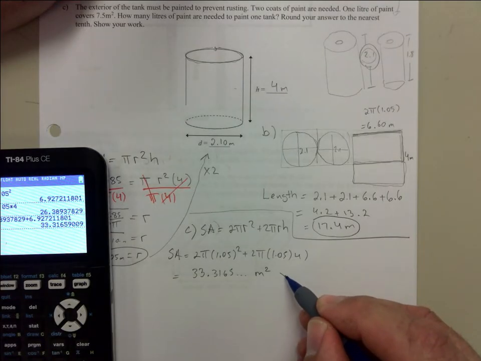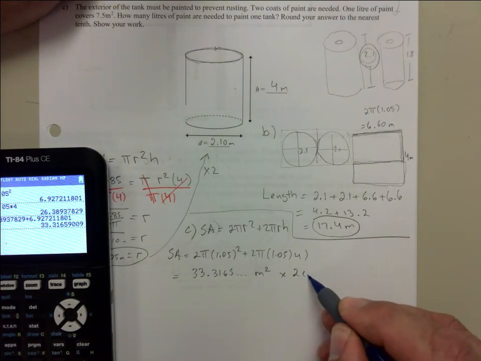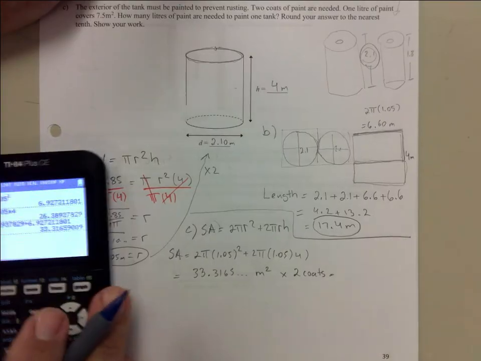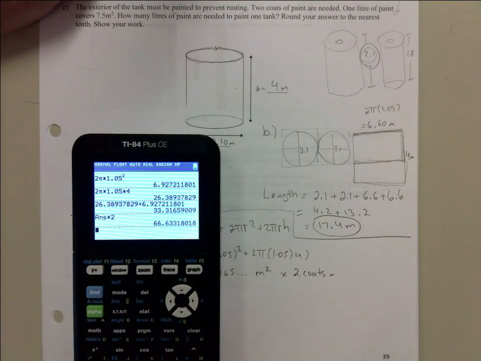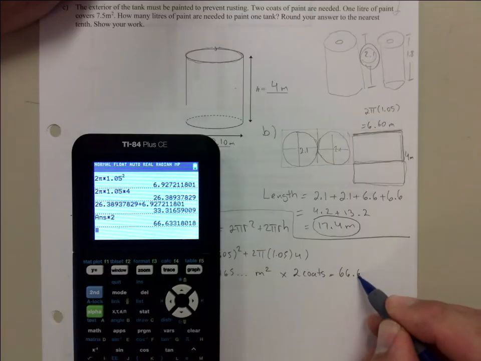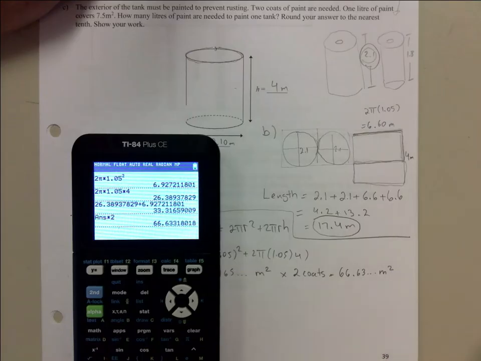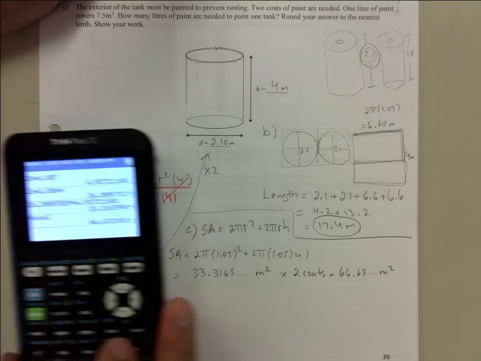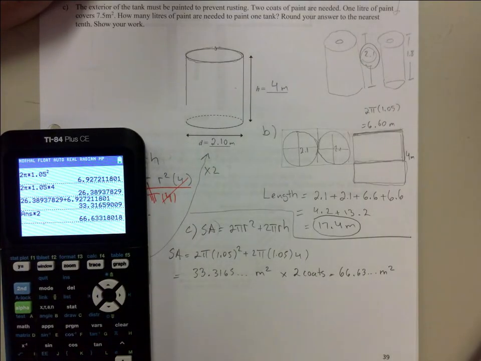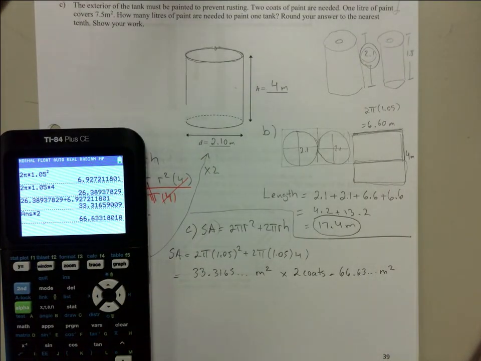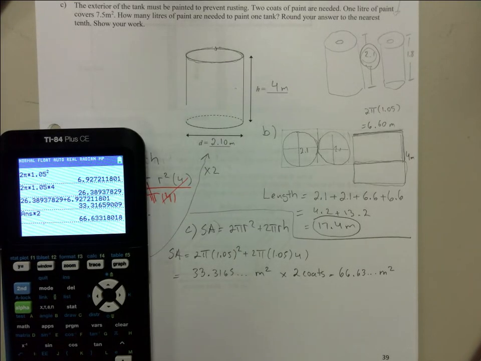Please don't forget your coats. We need 2 coats. So we're going to multiply that by 2 right away. That's 66.63 something square meters. And now we're going to figure out how many liters. It's basically saying how many cans, because oftentimes 1 liter is a can. Okay, so it's just a little different wording.